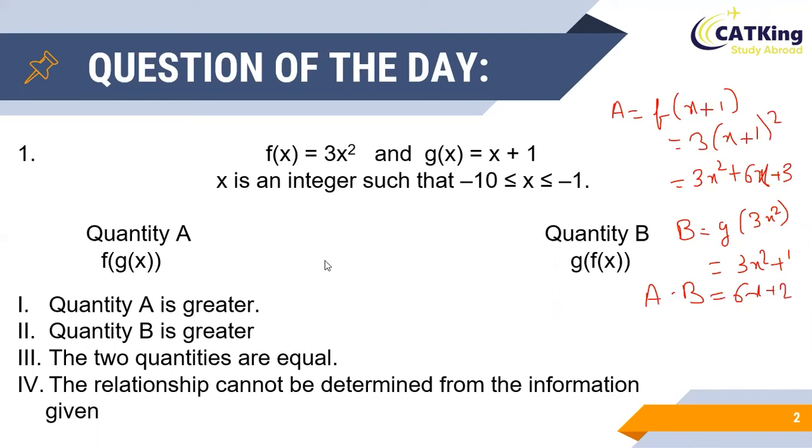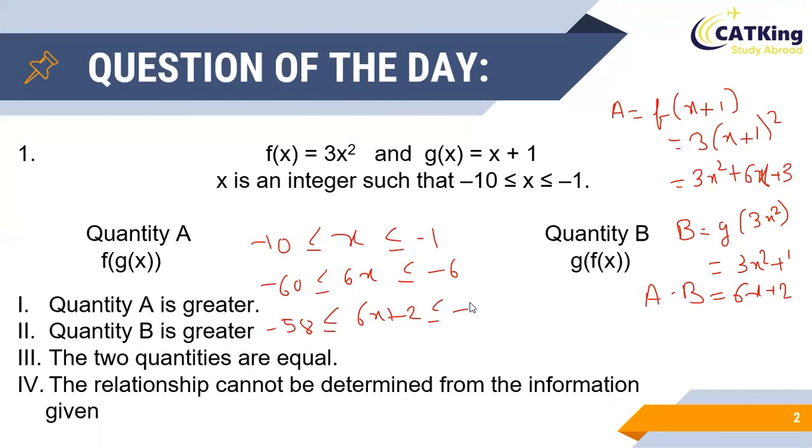Now, we already know that x takes values between minus 10 and minus 1, including both the values. Next, 6x will lie between minus 60 and minus 6, and 6x plus 2 will take values between minus 58 and minus 4.